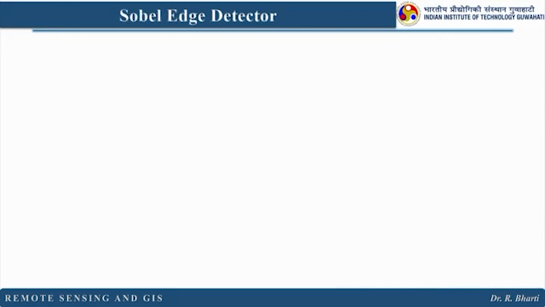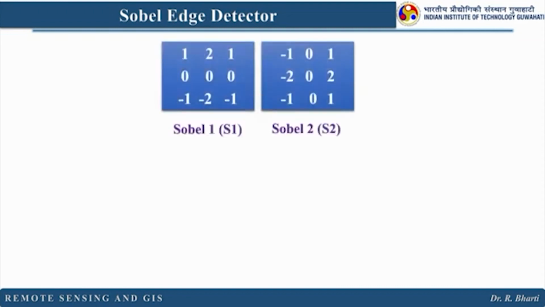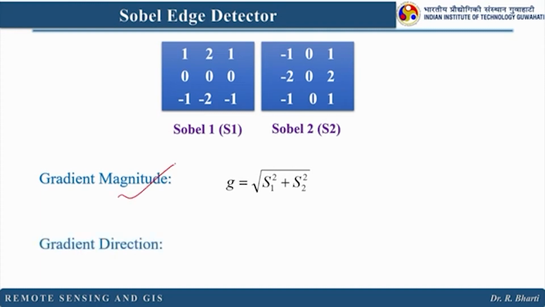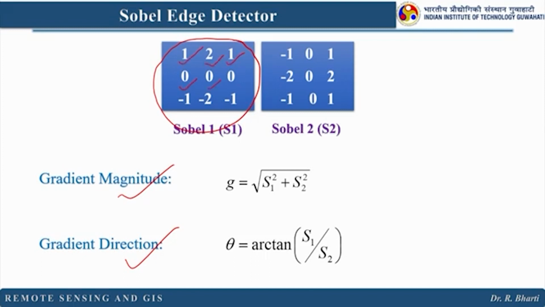Now the next detector is the Sobel edge detector. In the Sobel edge detector, what we do is we use a 3 by 3 kernel, right, neighborhood size, and then we use this magnitude and the direction, right? So this is simple. Only thing is we only call it the Sobel detector when this neighborhood size is 3 by 3 and the weightage given in this particular detector is 1, 2, 1, 0, 0, 0, minus 1, minus 2, minus 1, right?